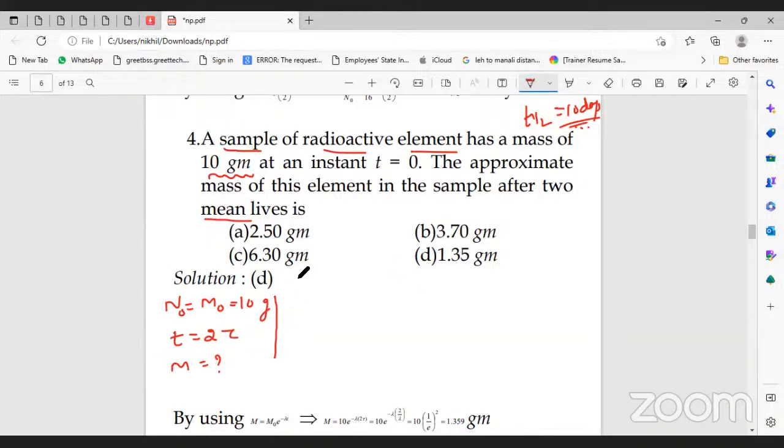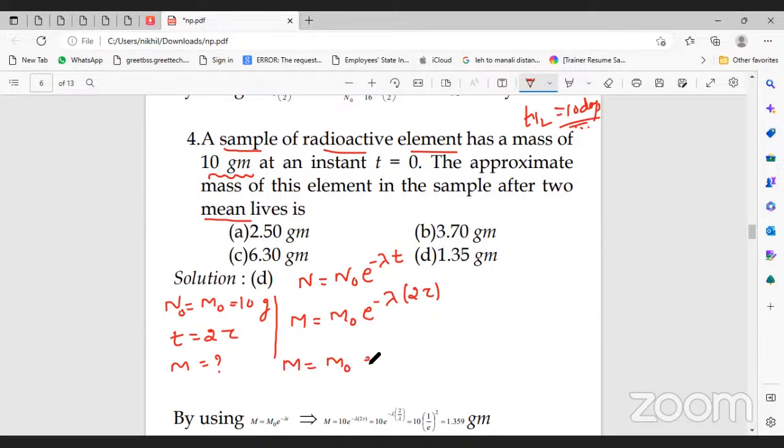You know that the number of atoms remaining in the sample is given by the formula N is equal to N0 into e power minus lambda t. So N will be equal to M, N0 is M0. E power minus lambda, time is nothing but 2 times the mean life.